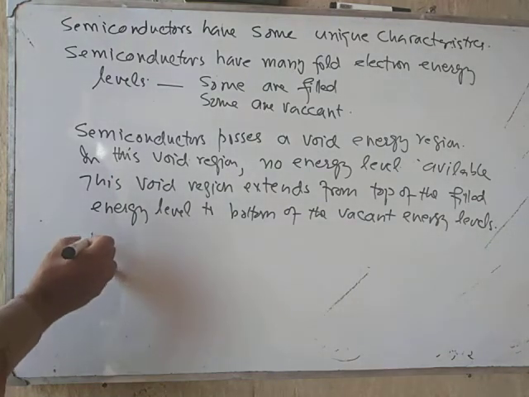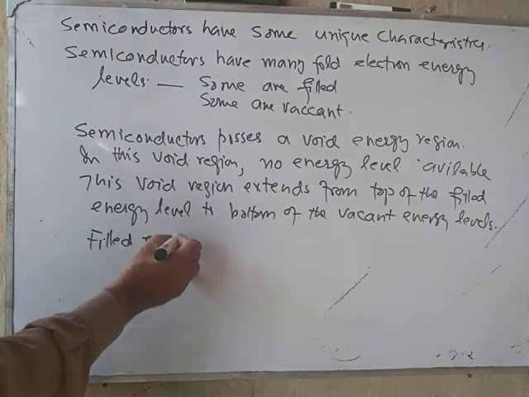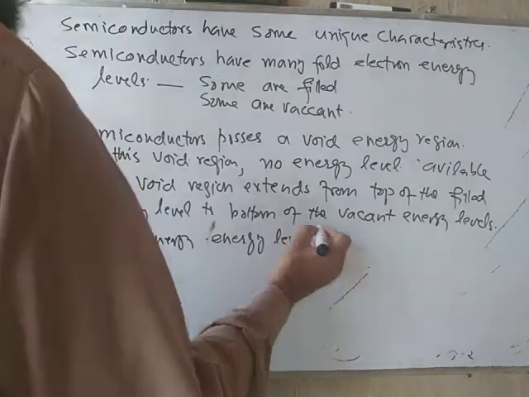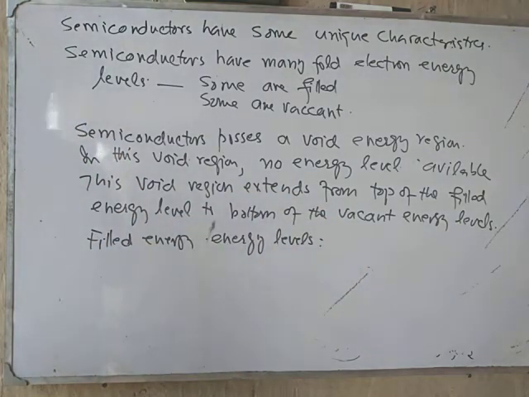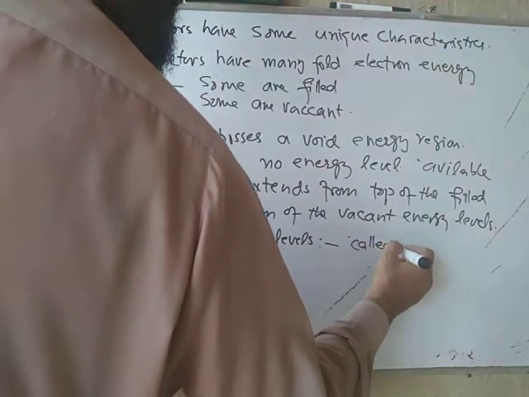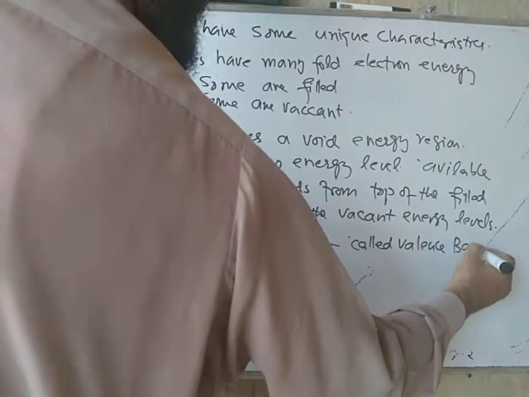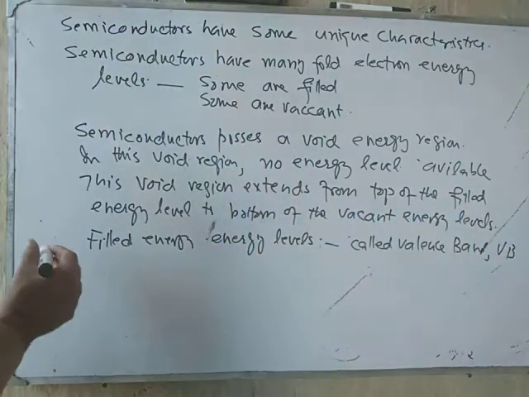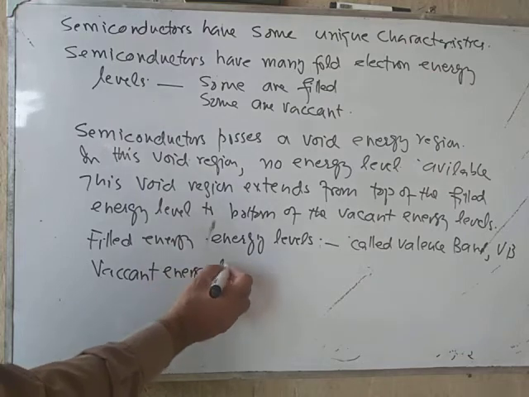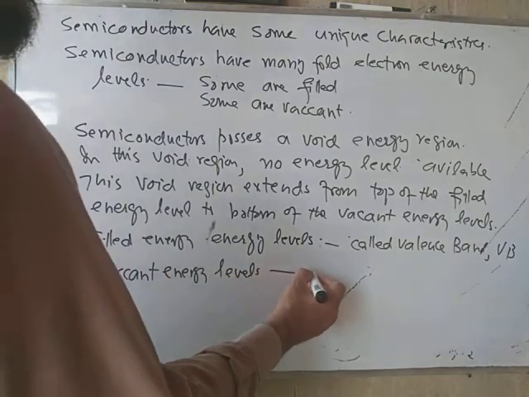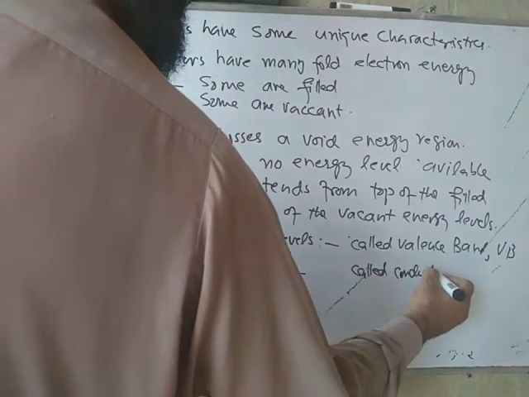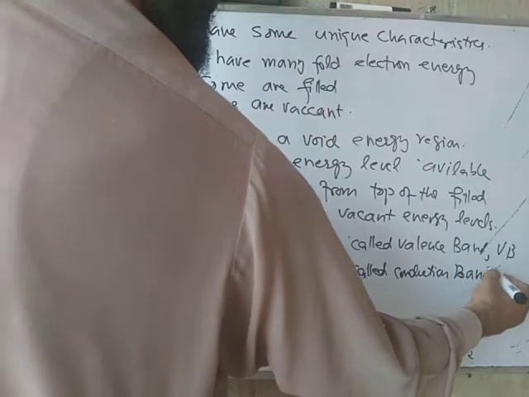These filled energy levels are called the valence band, VB, and the empty या vacant energy levels are called the conduction band, CB.